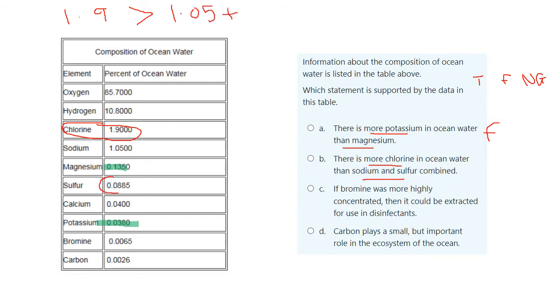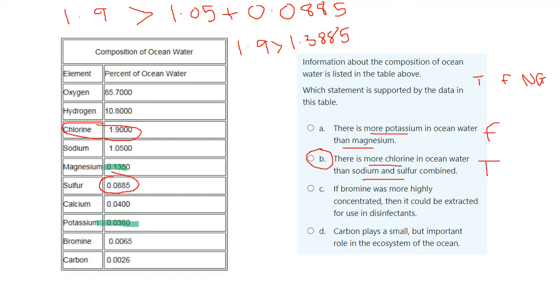Well, sulfur is 0.0885. So if we add those together, we get 1.9 is greater than 1.3885. That's true. So B is the answer that we're looking for.